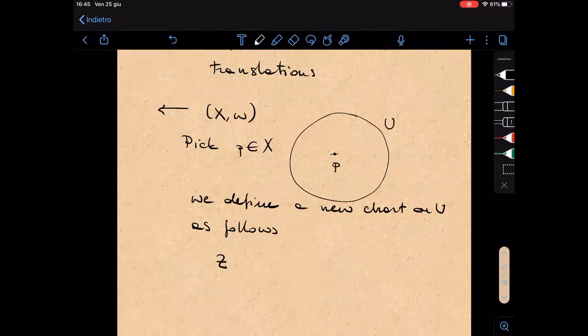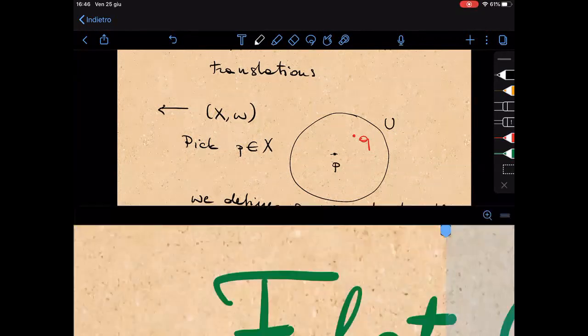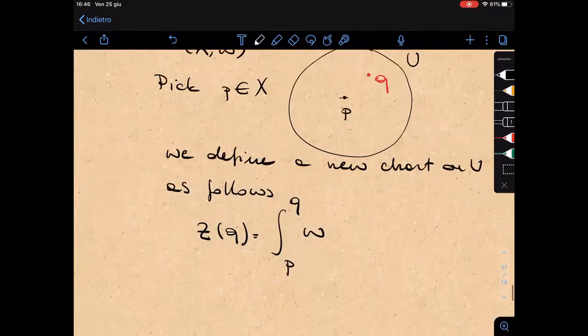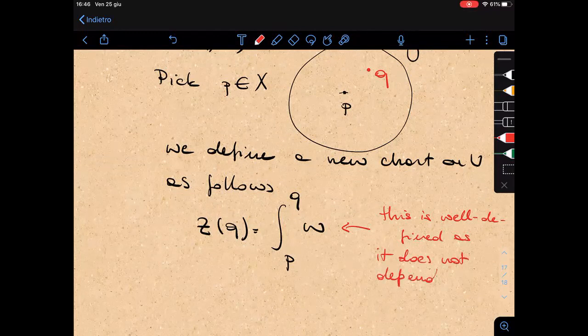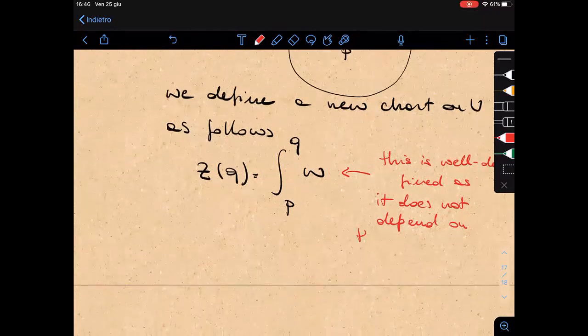We define z of, let's say, my point q, as nothing but the integral from p to q of omega. And this is well defined, as it does not depend on the path joining p and q.